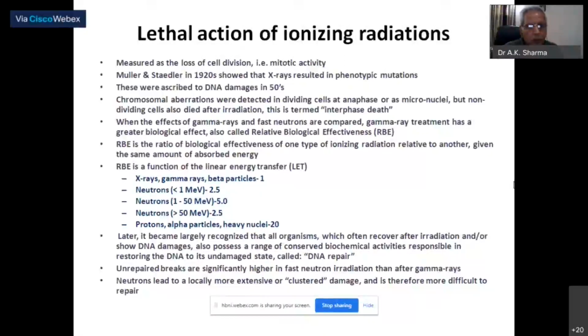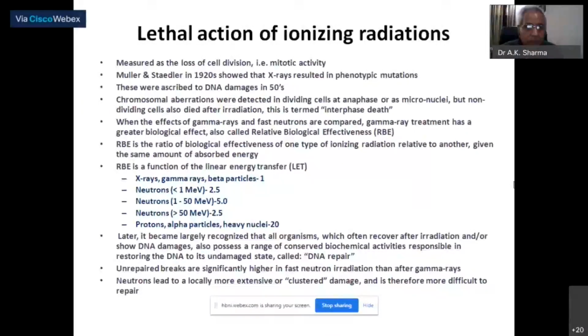So if we are to see the relative biological effectiveness, in X-rays, gamma rays, and beta particles it is considered as one, and in heavier particles, for example neutrons of different energies, neutrons with less than 1 million electron volts of energy will be 2.5, whereas if you increase the energies of neutrons to 1 to 50 million electron volts, it will be 5.